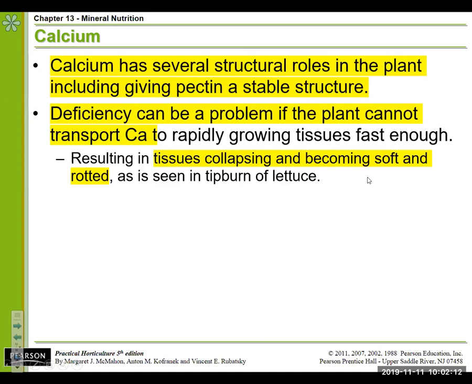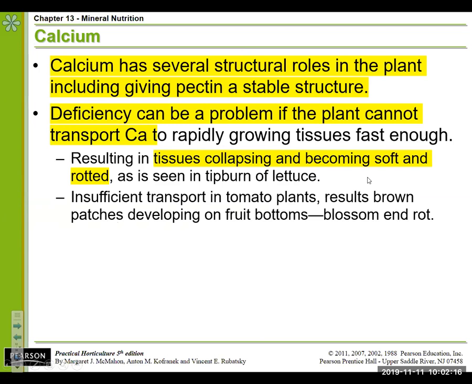We see that often as tip burn in lettuce. We can see this also in tomatoes. It will appear as a brown, rotting-looking patch on the bottom of the fruit, which is called blossom end rot.